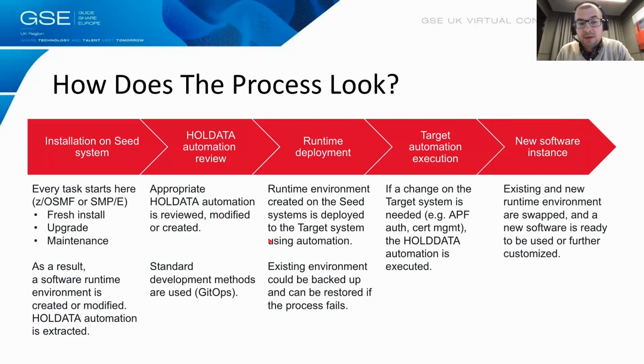So one script, one automation would do the changes, and then you can have in your backup basically the same script but with reverted functionality. So for example, if I'm doing APF here and for some reason something is wrong somewhere else, I can easily revoke the APF, right? Or certificate management.